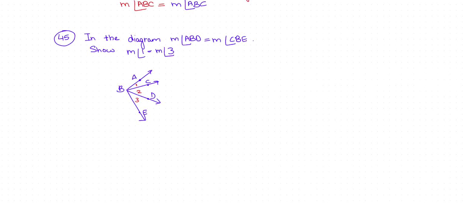So here in this diagram, it is given that angle ABD is equal to angle CBE. And we have to show that angle 1 is equal to angle 3 using the properties we learned in this chapter. So let's do it.